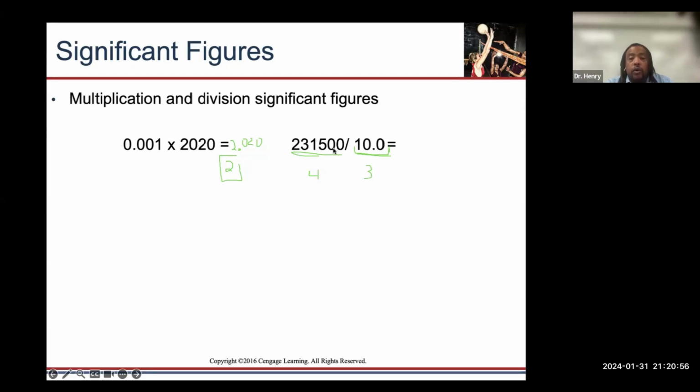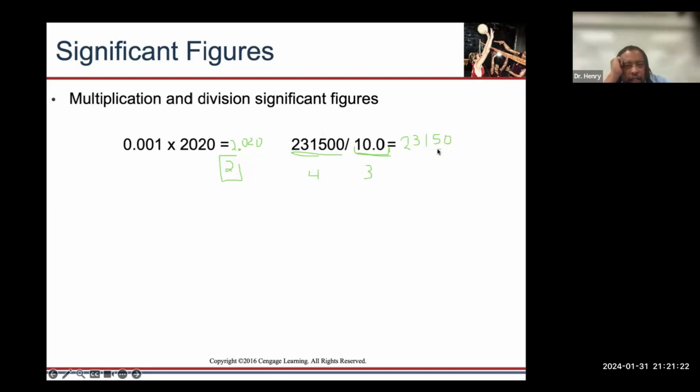Okay. So we go ahead and do the math. So we divide this by 10 essentially. So then our answer is going to be 2, 3, 1. And then here, since we have 3 sig figs, we take a look at the 5. So technically the answer is going to be 2, 3, 1, 0, right? That's going to be our answer technically.